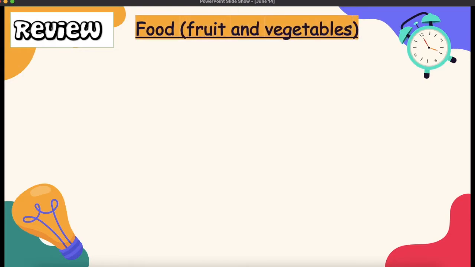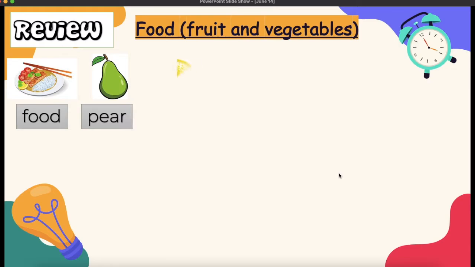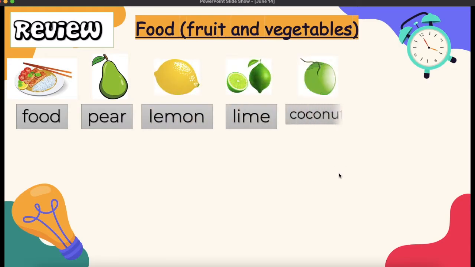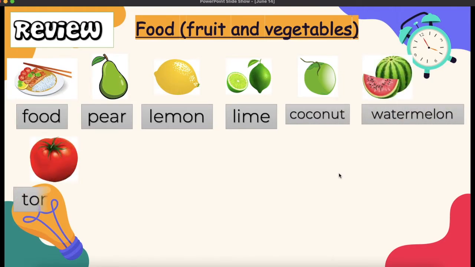Basically, Miss Faye will just read all the vocabularies that I gave to you from last week and from the previous lessons we had for the first week. So now, food: pear, lemon, lime, coconut, watermelon, tomato.